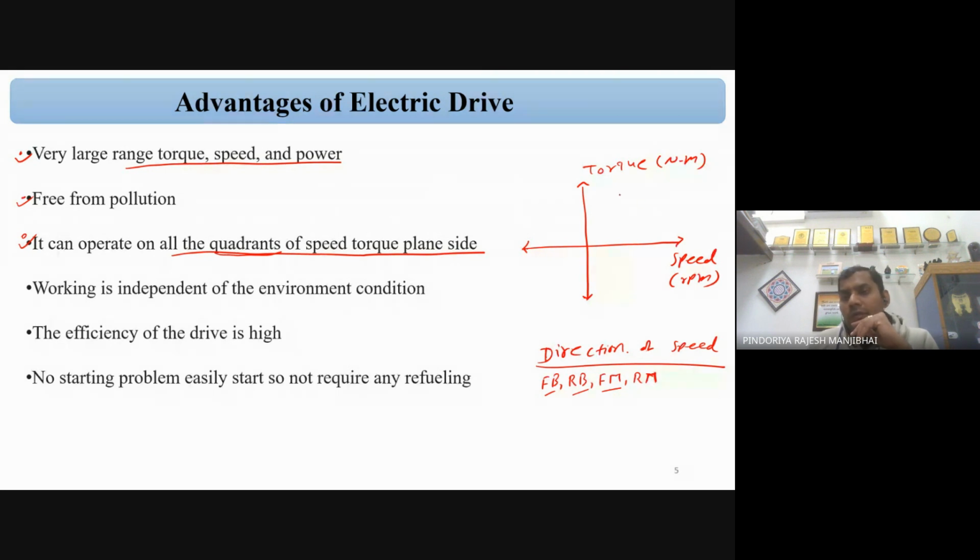Yes, so we have four operations: forward motoring, forward braking, reverse motoring, and reverse braking.